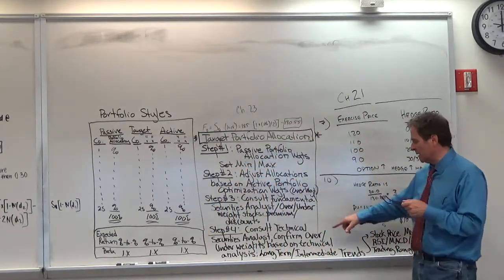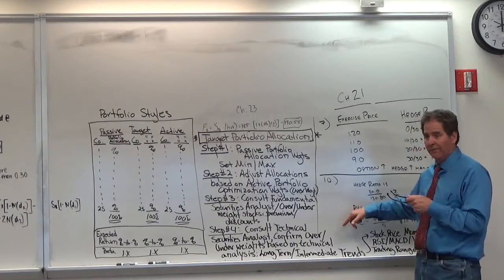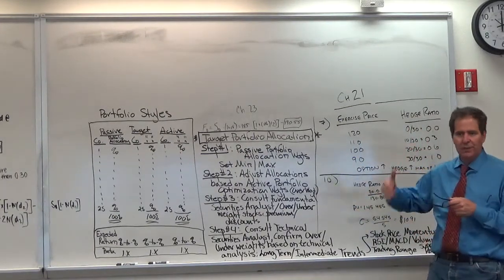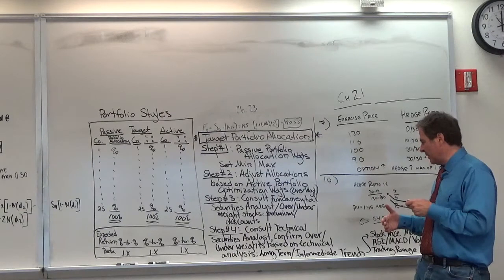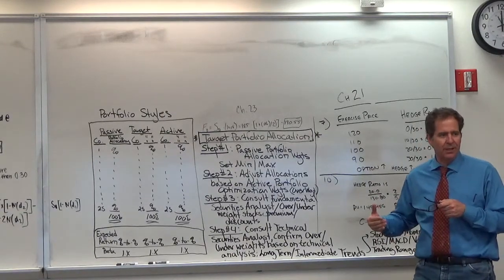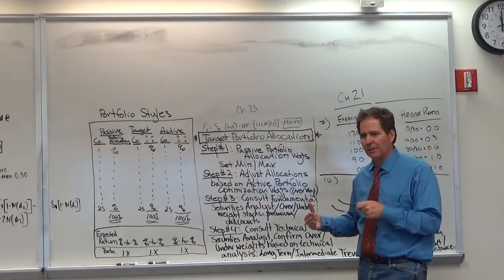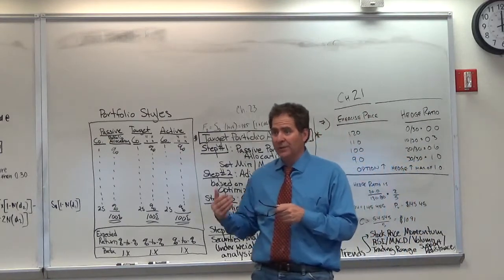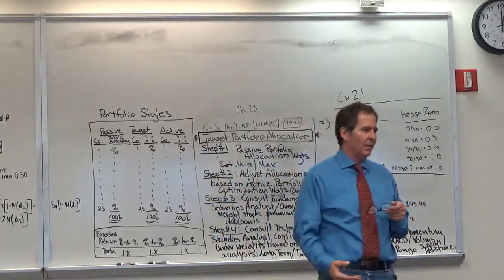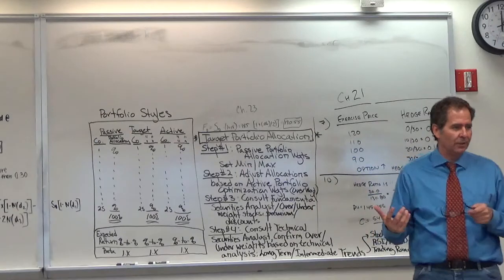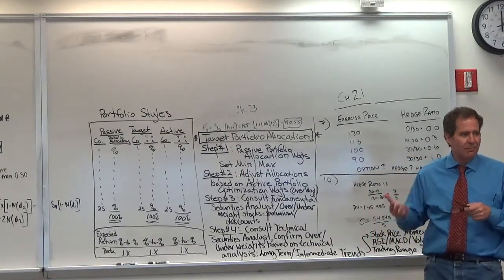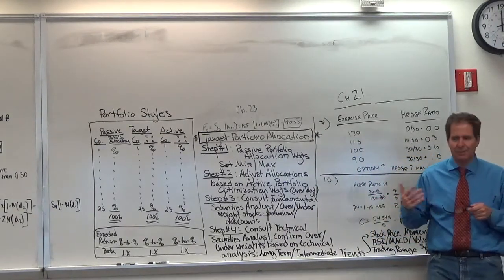Then you're going to consult the technical securities analyst and confirm the over and underweights based on the technical analysis. And your technical securities analyst is going to say, oh, this stock, Microsoft, has been in a long-term upward trend for the past 3 years. Microsoft is coming out with new products. It's basically a monopoly.